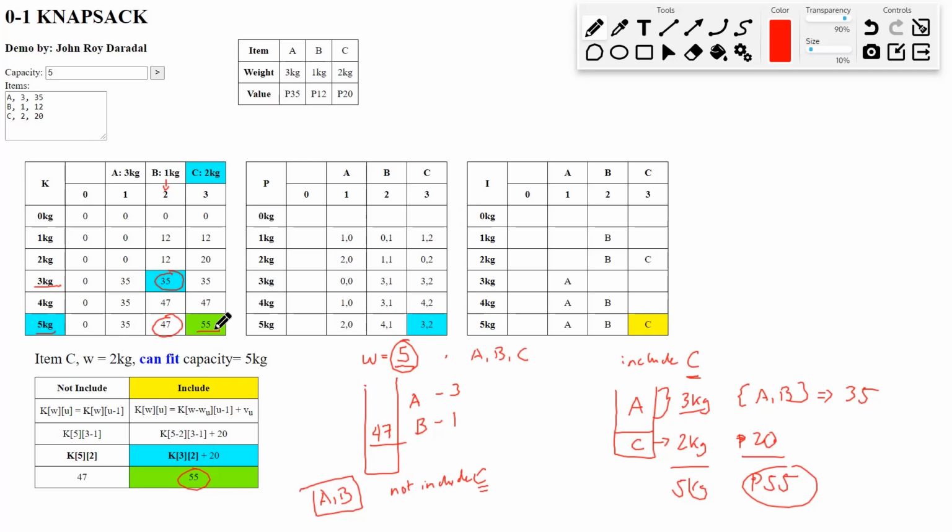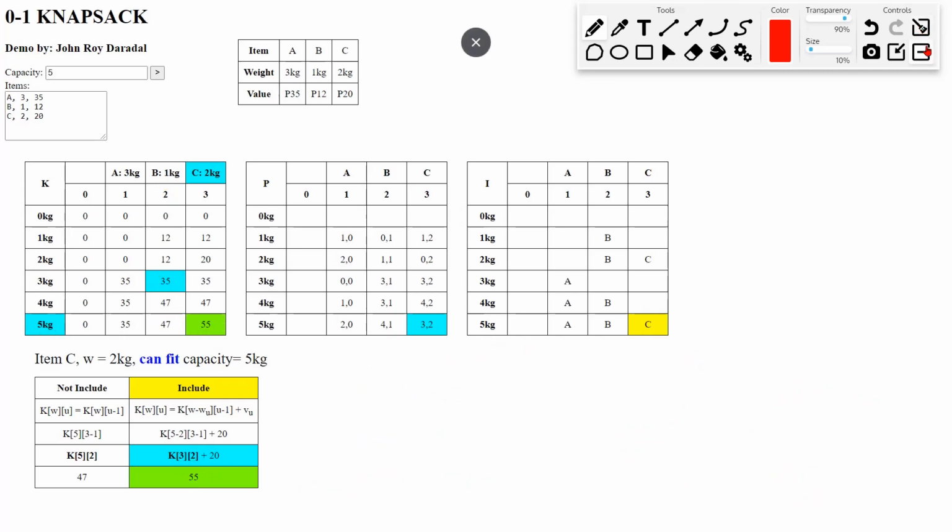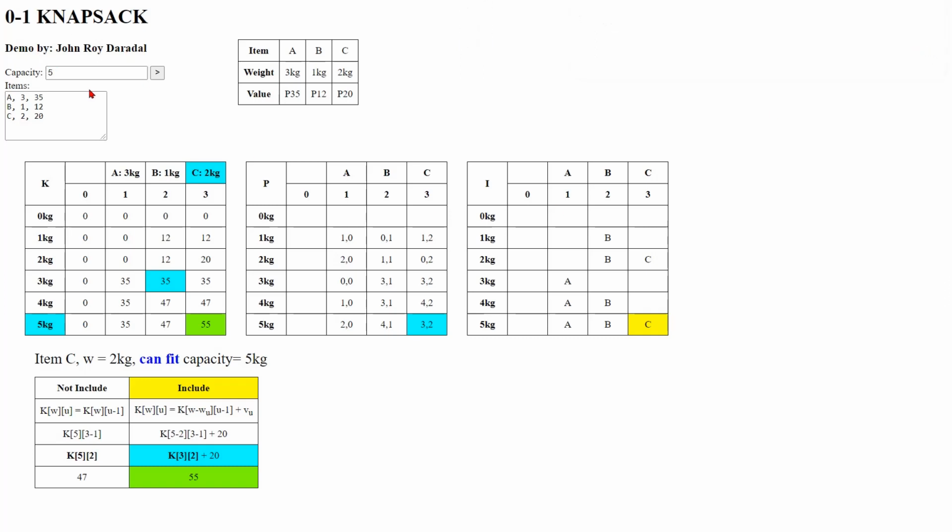The previous is 3, 2. So that's why we have the 3, 2 here. And then we have item C. Okay, so we now know that given this scenario, if we have 0-1 knapsack, the optimal value that we could get is 55. But how will we get the actual items that will give us 55?